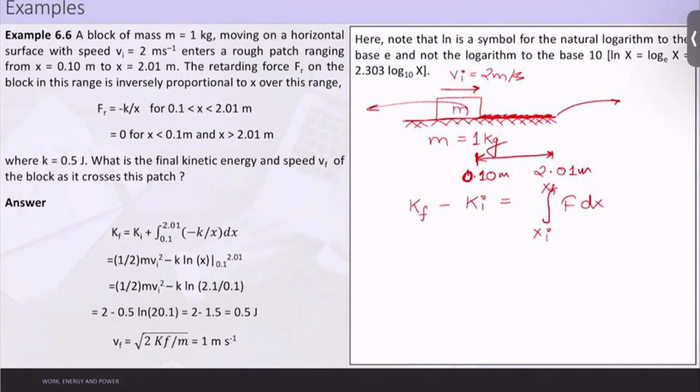So what is kf? We need to find it out. kf will be equal to ki plus the integration from xi to xf of F dot dx.